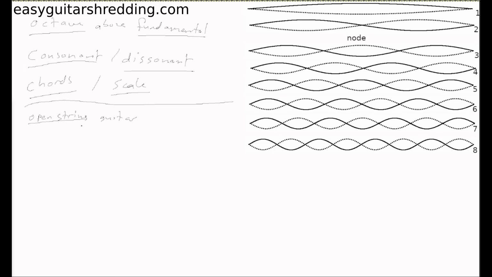If you lightly touch the middle of the string with your finger, which is directly above the 12th fret, that is, touch it but don't press it down, it will force the string to vibrate at its 2nd harmonic when plucked. So if the open string is the fundamental, the 12th fret is the 2nd harmonic.